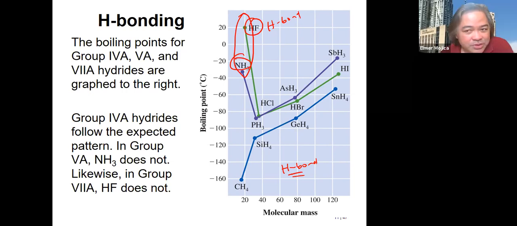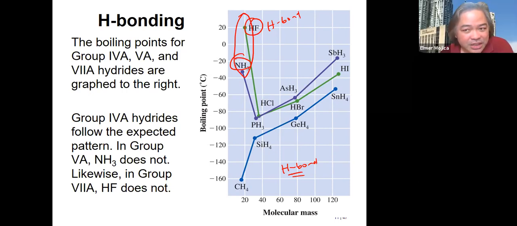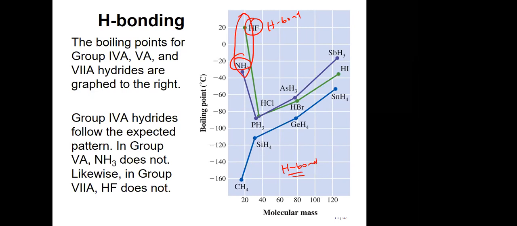Is carbon one of the most electronegative atoms? No. Then it's not going to exhibit H bonding. There are only three atoms that can exhibit H bonding: hydrogen attached to nitrogen, oxygen, and fluorine. Does it make it clear? Sorry, yes, now it does.